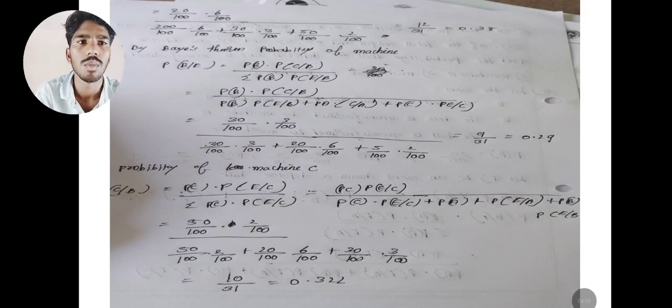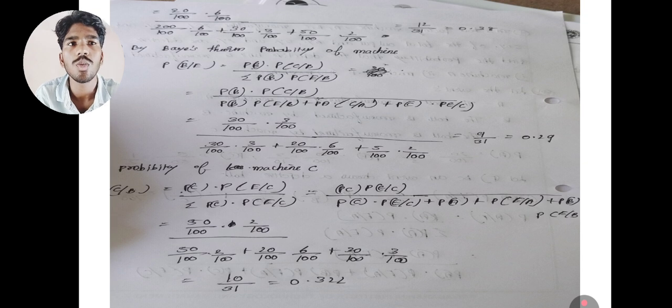By this we get the probability of 12/32, which is 0.38, the probability for the first machine.